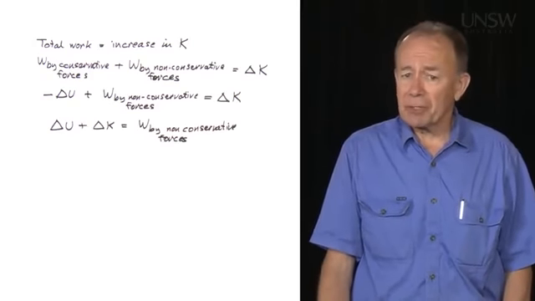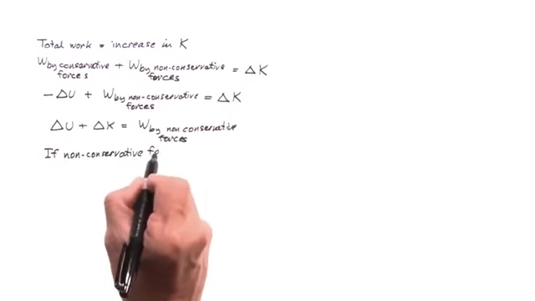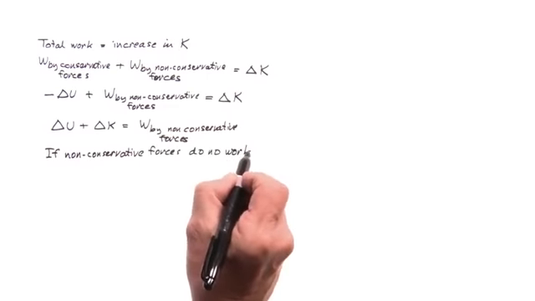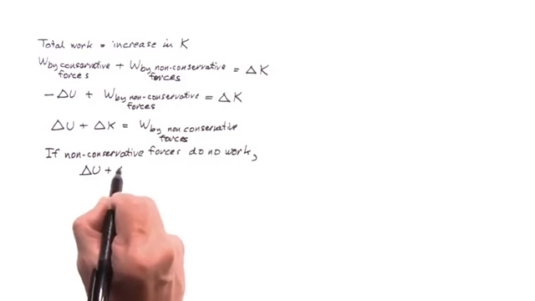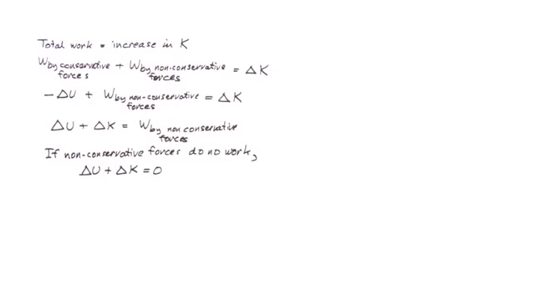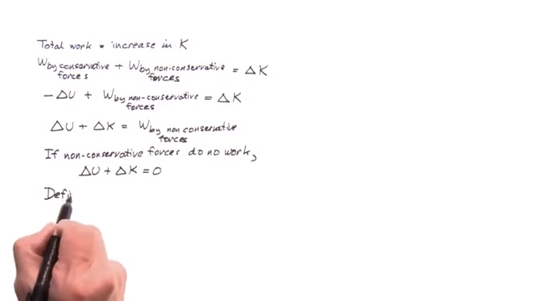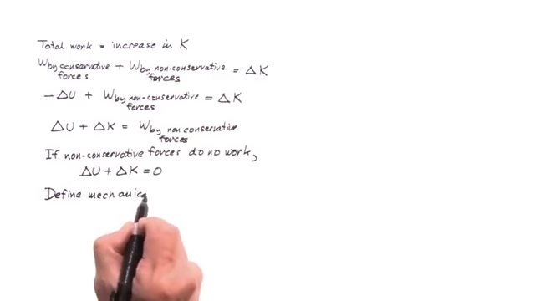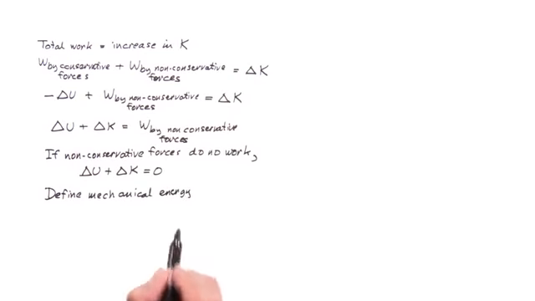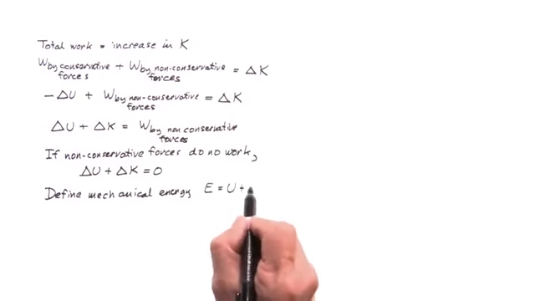Suppose that muscles don't do any work and that friction and air resistance don't do any work either. Then delta U plus delta K equals 0. Next we define the mechanical energy. Mechanical energy E is the potential energy plus kinetic energy.